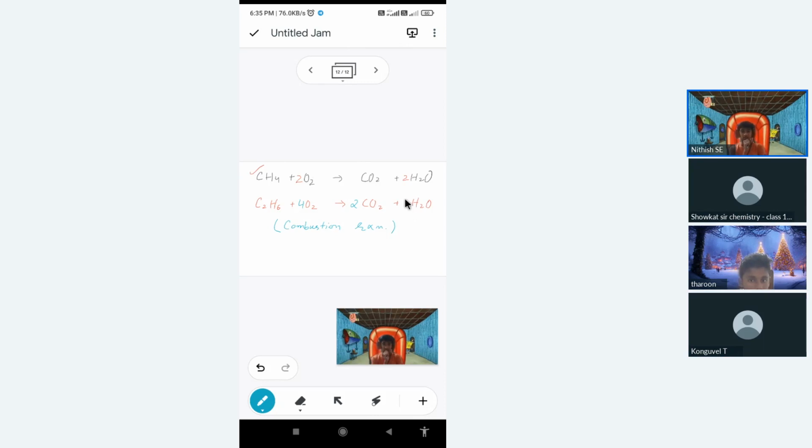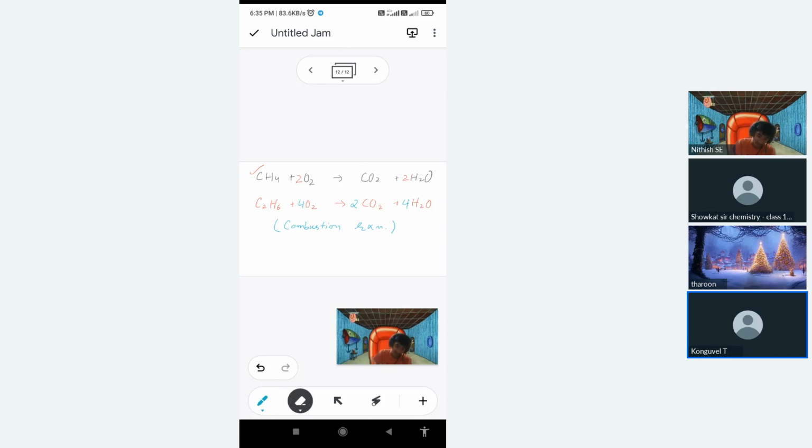So is it balanced? No, it's not balanced. On the product side, 2 plus 4 plus 4 is equal to 8 oxygen. Hydrogen is also not balanced. Here we are having only 3, so 3 plus 4 is 7.